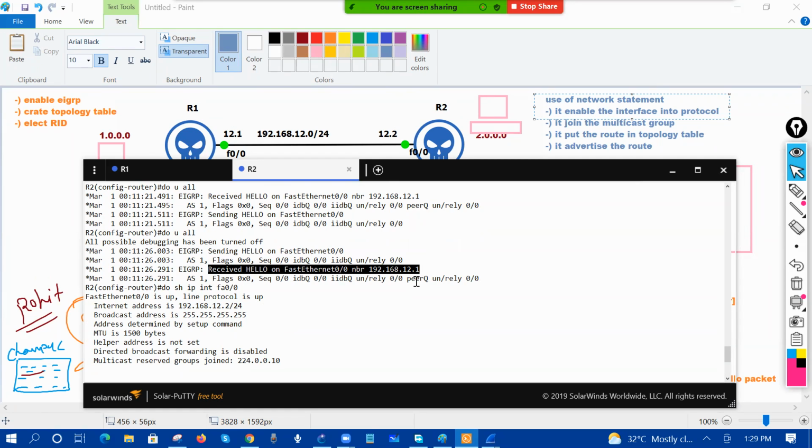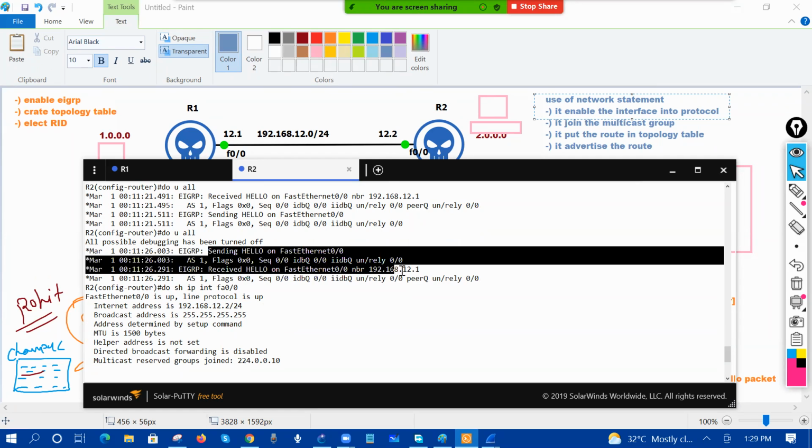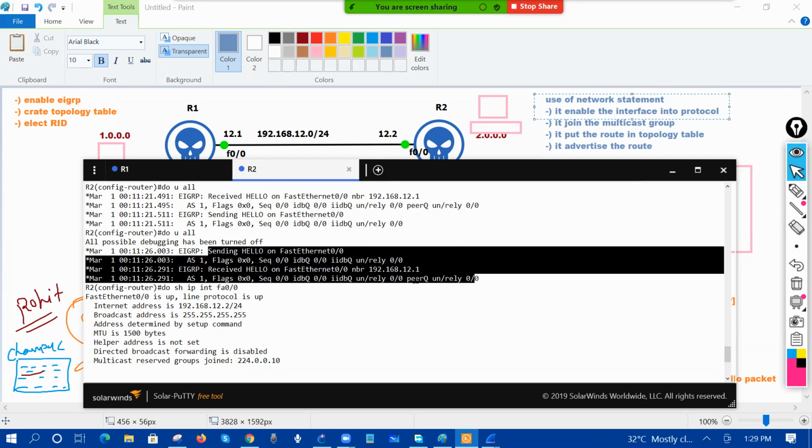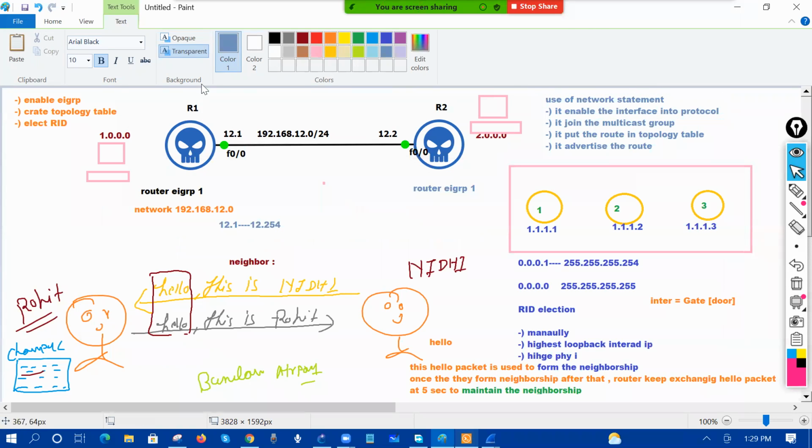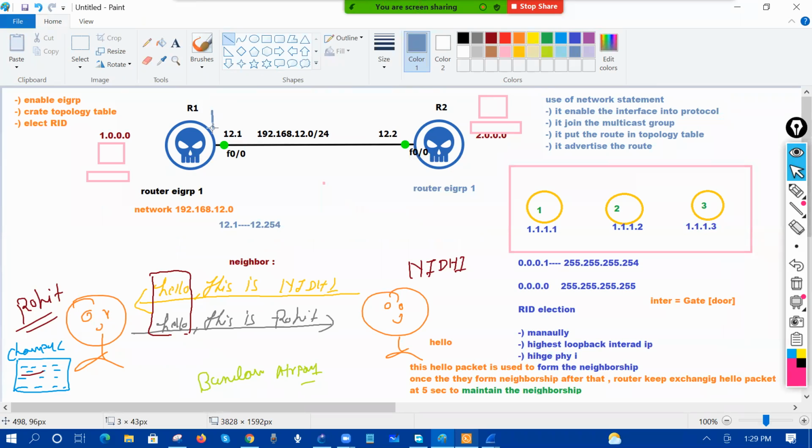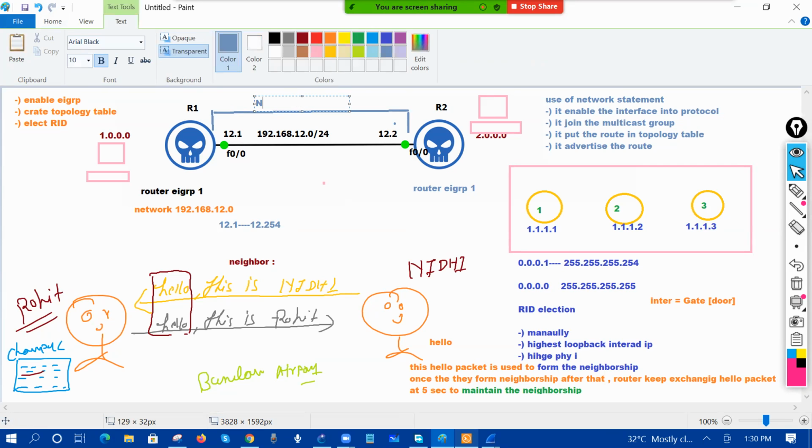At the same time, I do have the ability to send it. So now it's bidirectional, right? So I do have a neighborship between this router and this router. At the same time, once router 1 forms the neighborship with router 2, immediately they will form the adjacency as well.